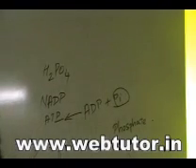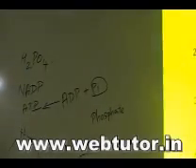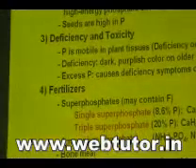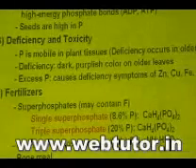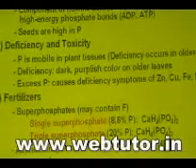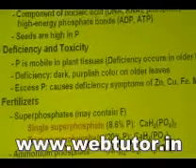Phosphorus usually comes in phosphates present in the soil. Apart from that, phosphates are also produced by the plant in some cases.